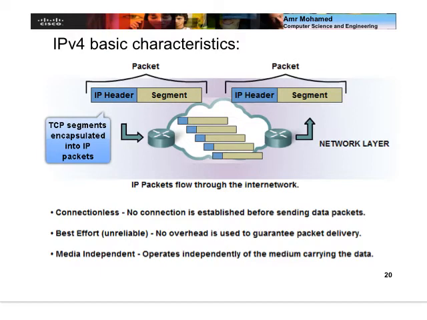So the basic characteristics of the network layer are as follows. First, the network layer is connectionless. That's different from TCP. Since TCP established an end-to-end connection, we don't have to repeat it in the network layer. So the network layer waits for a packet.